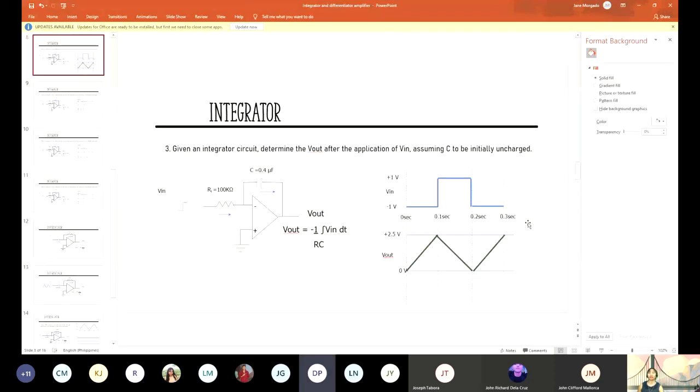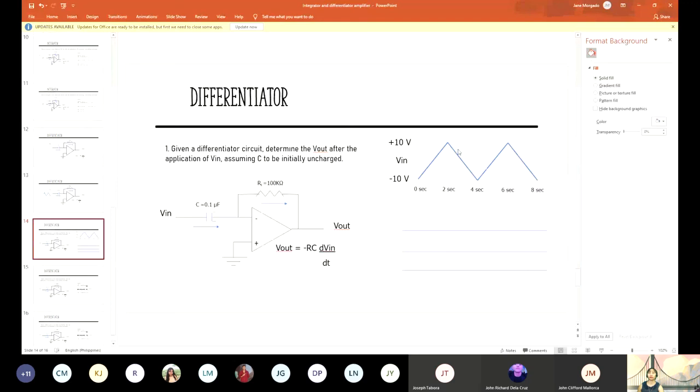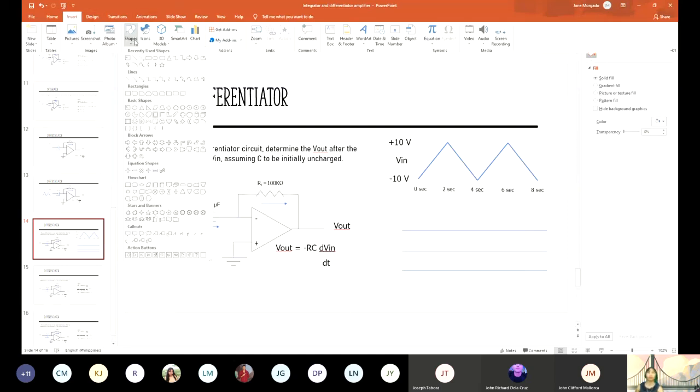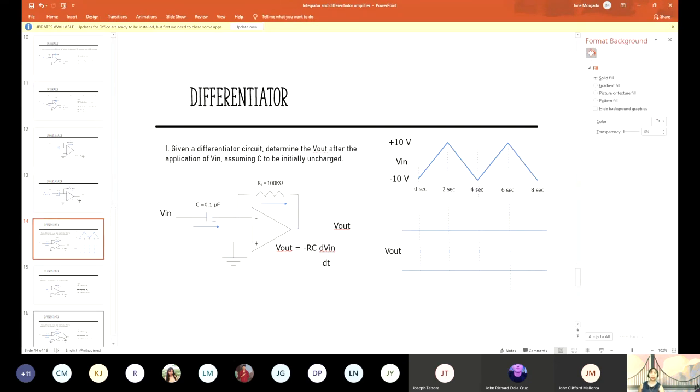If integrator has a square wave, okay? Because differentiator is the exact opposite of integrator. So this time we have an input voltage here in triangular. So dapat ang output natin is a square waveform. Okay? Vout. Okay.